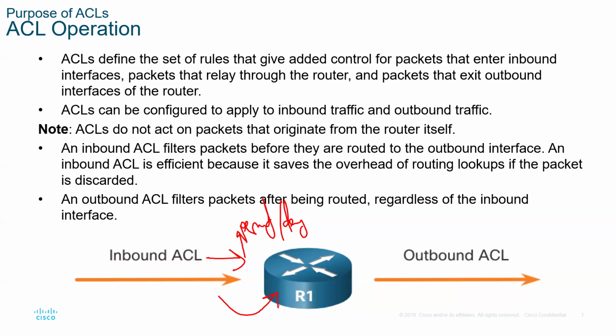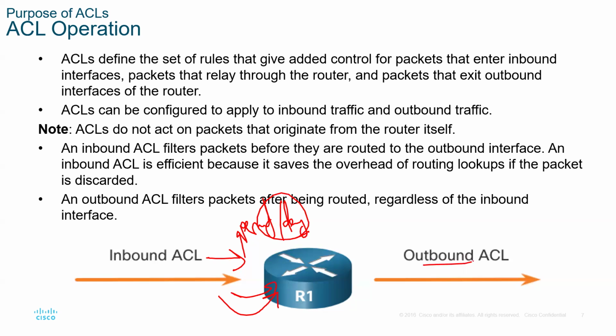You could have an example where a packet is processed, using its processing power, and then is denied after. It doesn't make sense. So an inbound ACL is used when we don't want to deny traffic after we've processed it.